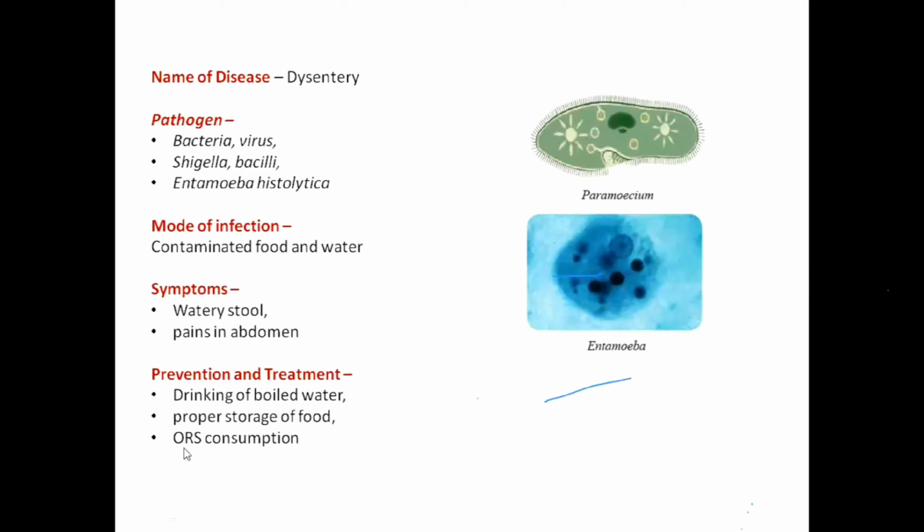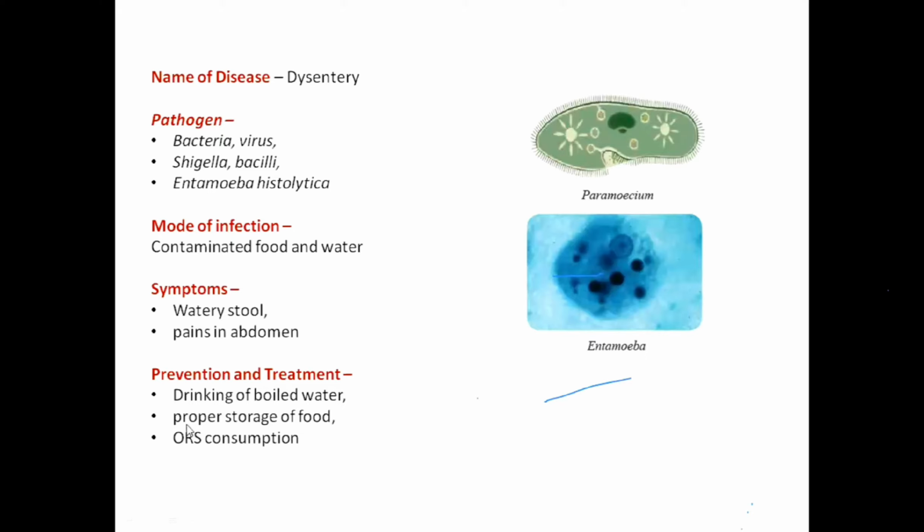Now we discuss what ORS is. The long form of ORS is oral rehydration solution. In this type of disease, as the symptom is watery stool, a lot of water is excreted from the body, and we know that generally 70% of our body is water, which is necessary to carry out various functions.